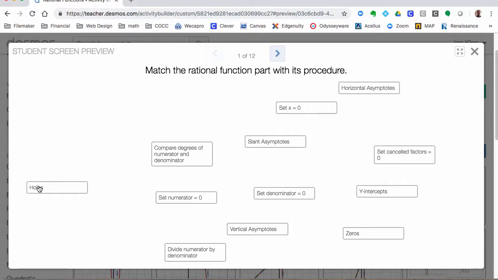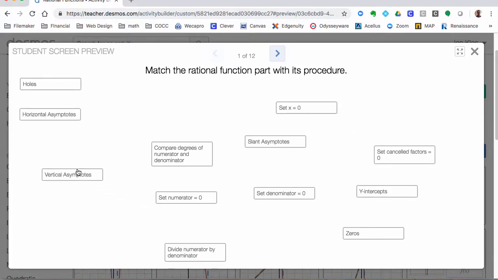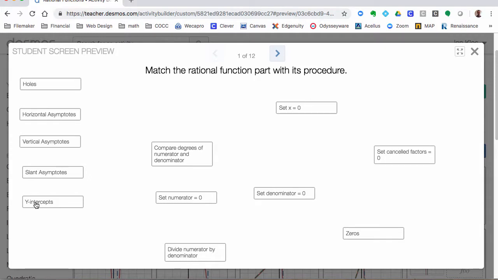So it might be easiest to take things like a hole, horizontal asymptotes, vertical asymptotes, slant asymptotes, y-intercepts, and zeros. There's 1, 2, 3, 4, 5, 6 things.